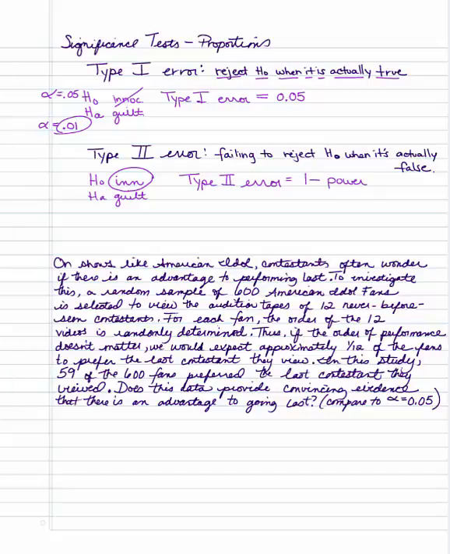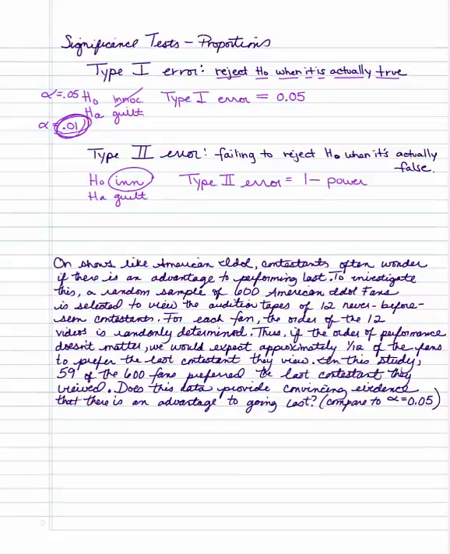Now the thing is that if you wanted to try to minimize your errors, the top one, we could be really, really picky, right? And we could go to 1%. And if someone is getting lower than 1%, we're going to reject the null hypothesis and basically state they're guilty, something like that.